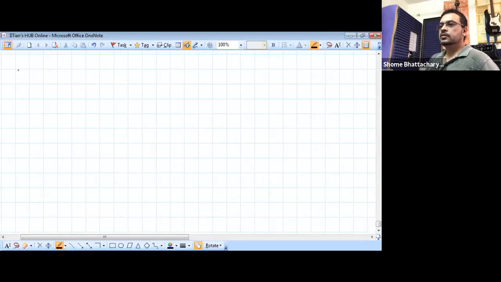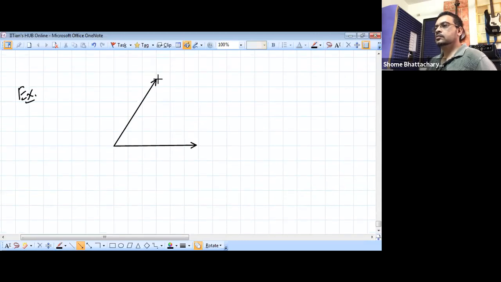Okay. For example, suppose we have a question like this now. We have a situation where 3 forces are acting on a body. So on some particle, there are forces F1, F2. This angle is theta.